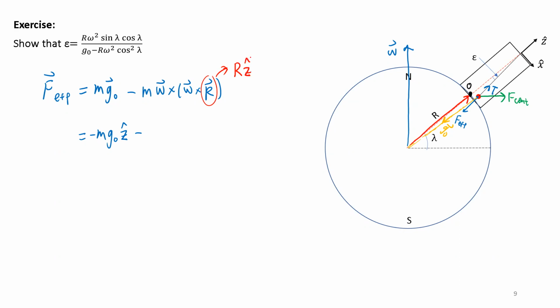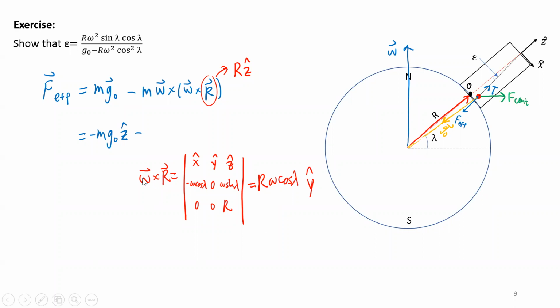Okay, so now if you want to do the cross product, what you need to do is just using the determinant. Right, like this. And then this would give you R omega cosine lambda y hat.